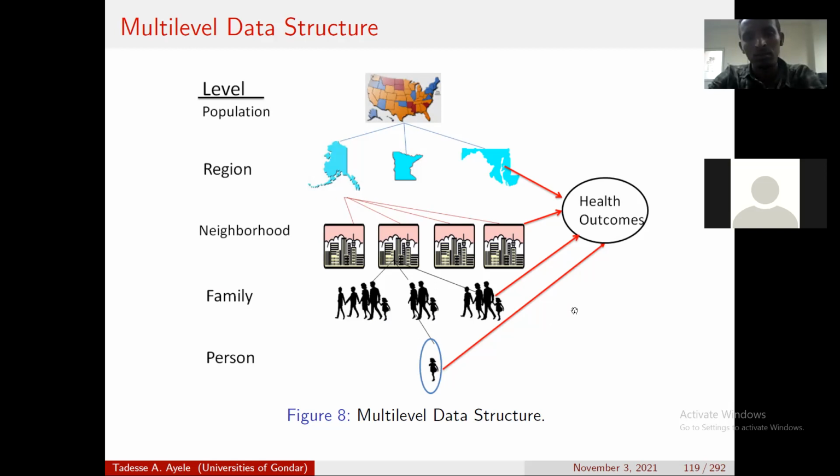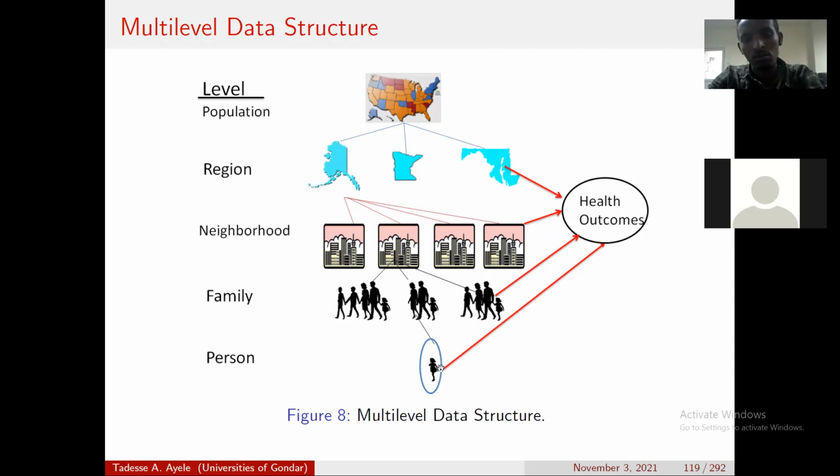So the health outcome of the individual might be affected by the household characteristics. The household characteristics might be affected by the neighborhood characteristics. Neighborhood characteristics might be affected by the region characteristics, and so on.